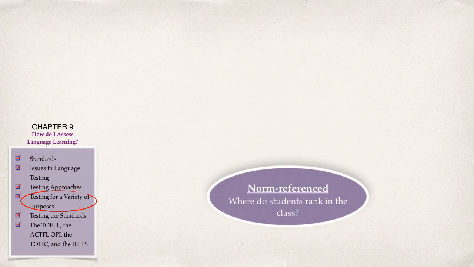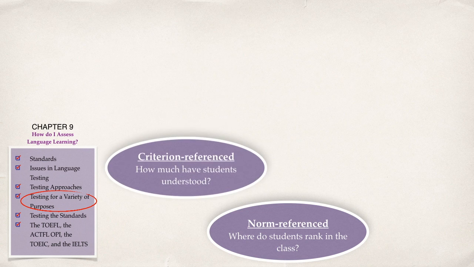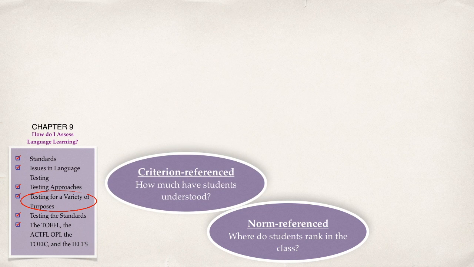There are many different reasons for testing our students, and what we use depends on what we want to know about the students after the tests. If we want to know where they rank within the class, we use norm reference tests. But if we want to know how much they have understood in a particular chapter, we use criterion reference tests, like the quizzes I give you each week.